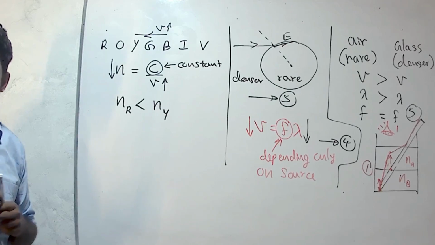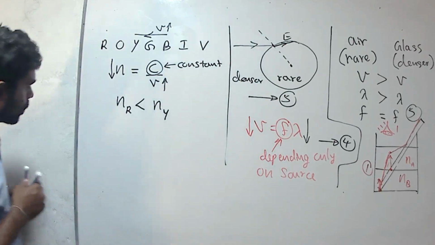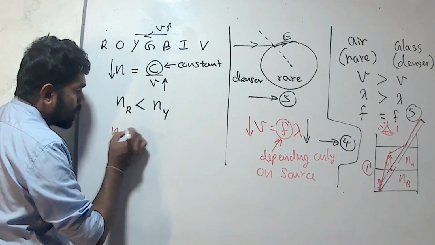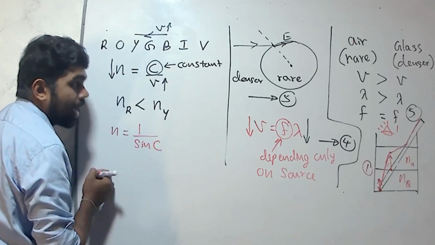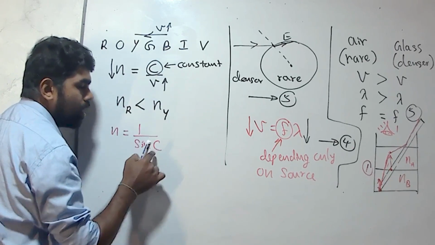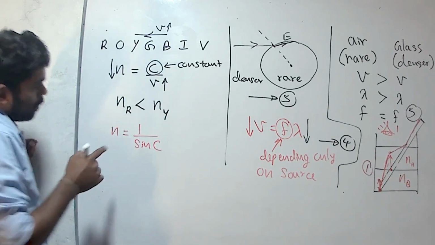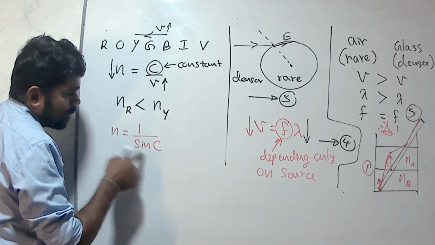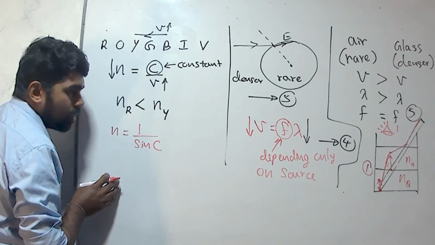Now I will write the relationship for critical angle. N equals 1 over sin C. C is the critical angle, not this C, which is the velocity of light in vacuum. This is the critical angle, C. Considering this relationship, N and sin C are inversely proportional.